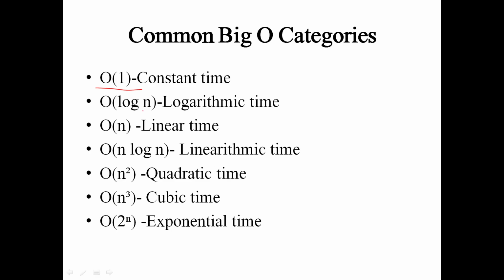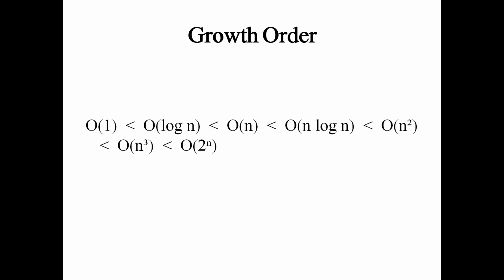Order of n grows directly with the input size n. Order of n square and order of n log n grow much faster, and order of 2 power n grows extremely fast and becomes impractical for large input sizes. So this order is very important.